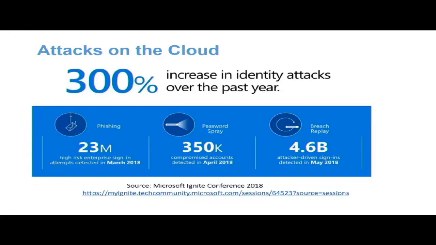We're going to cover password sprays a bit more in depth here in a minute. And then 4.6 billion sign-in attempts detected in a single month. Breach replay is also referred to as credential stuffing. That's where threat actors or attackers take a bunch of usernames and passwords that have been disclosed in data breaches, and they replay those for other services.